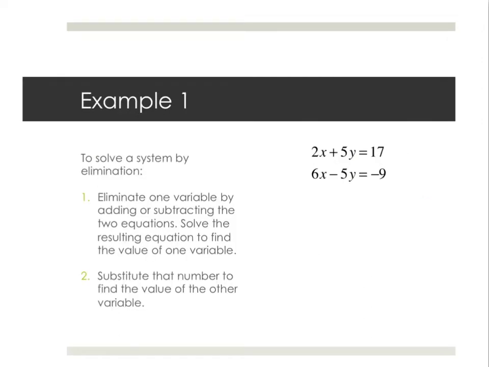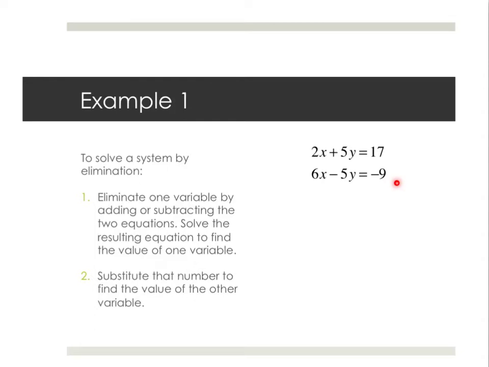Okay, let's jump right in with an example. To solve a system by elimination, you're going to eliminate one variable by either adding or subtracting the two equations. So we're going to take this system here, and we want to look at how we can get one of the variables to go away if we add or subtract the equations. Now, we have both equations written in standard form, ax plus by equals c, and we have everything lined up.